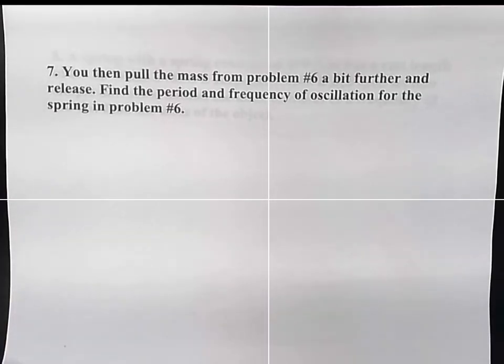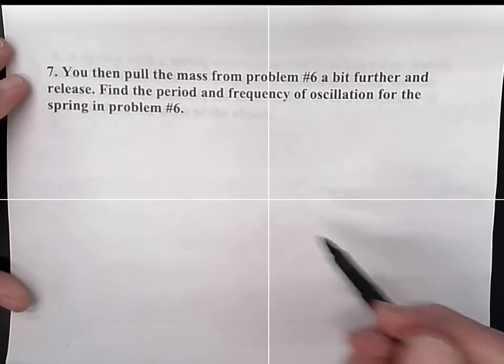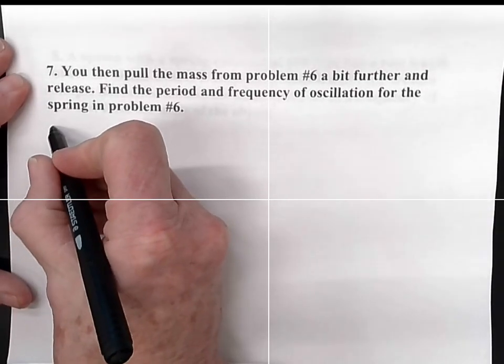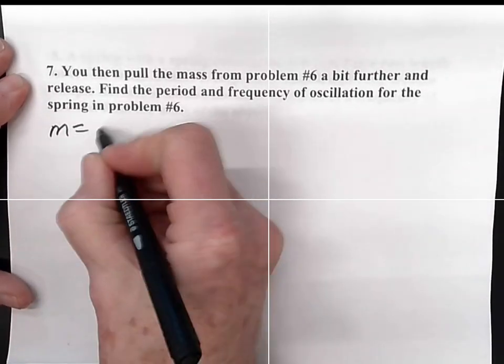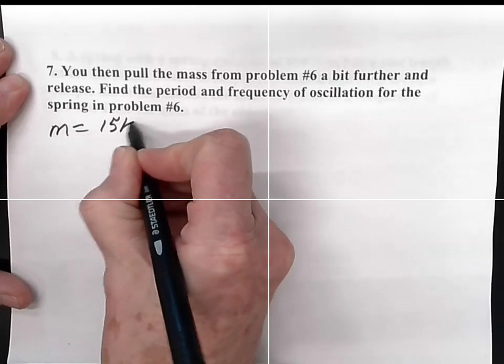In number 7, they refer to some information that's given to you in problem number 6. In problem number 6, they said that M, the mass, is going to be 15 kilograms.